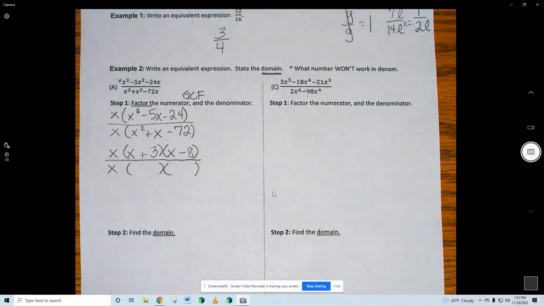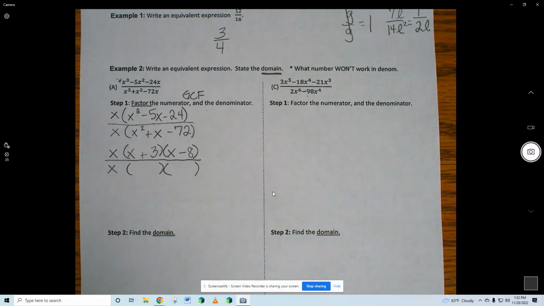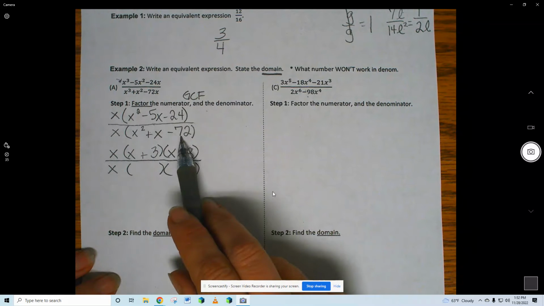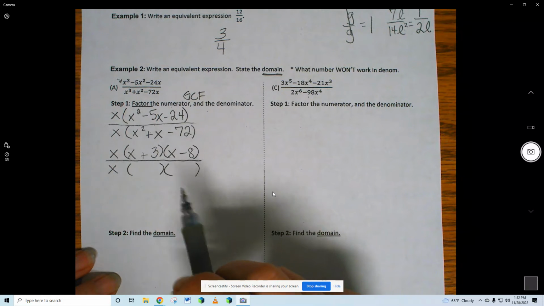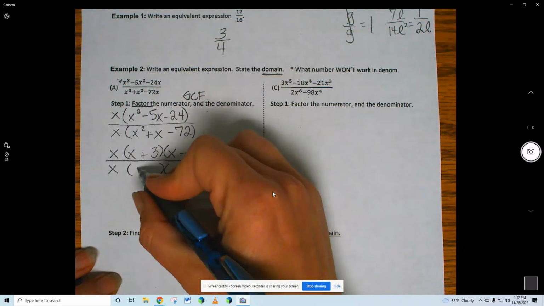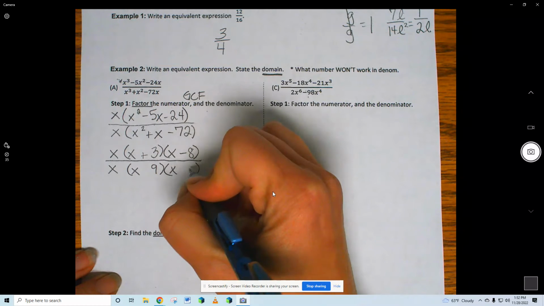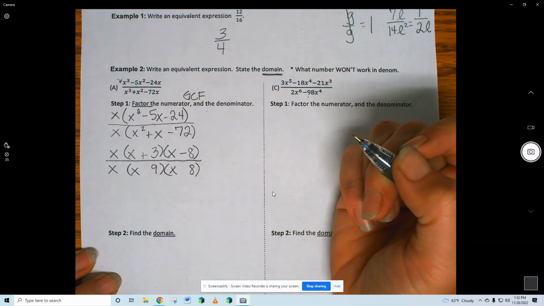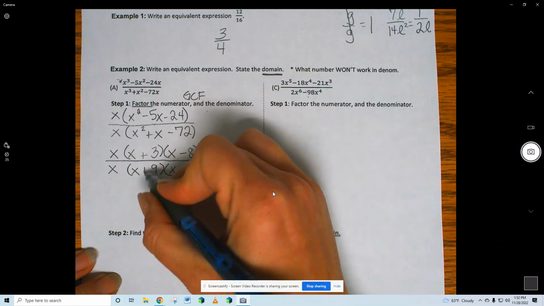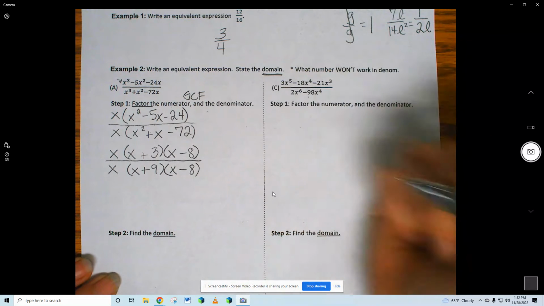Awesome. Okay. The denominator, x squared plus x minus 72. What multiplies to make 72? It adds up to 1. Good. So you said positive 9 and negative 8.